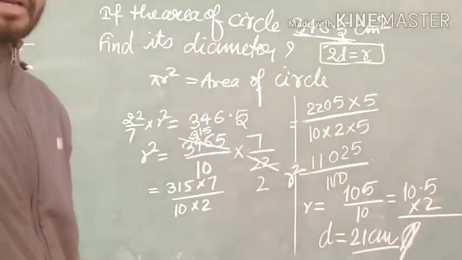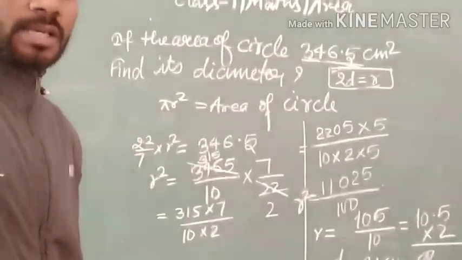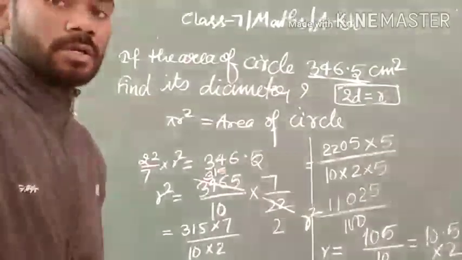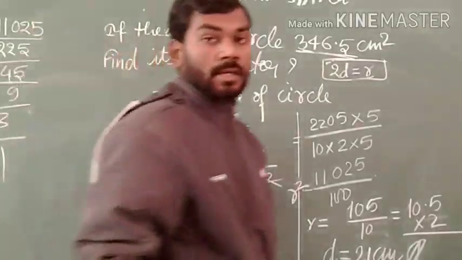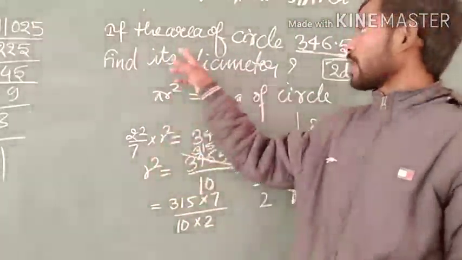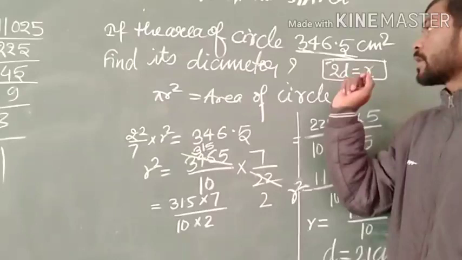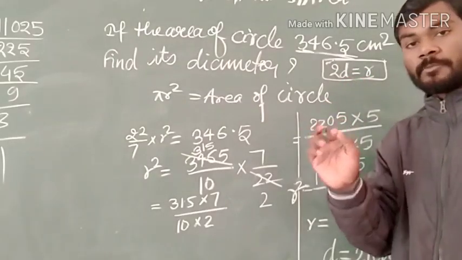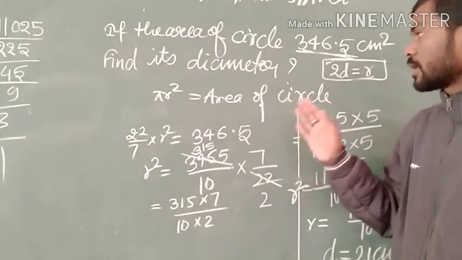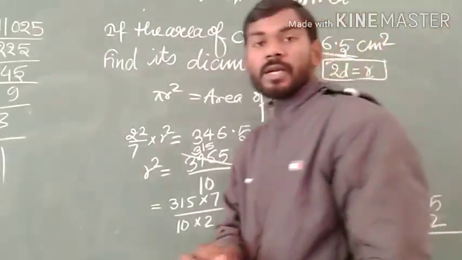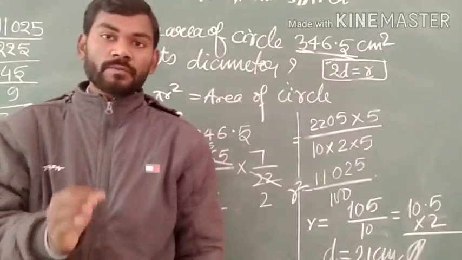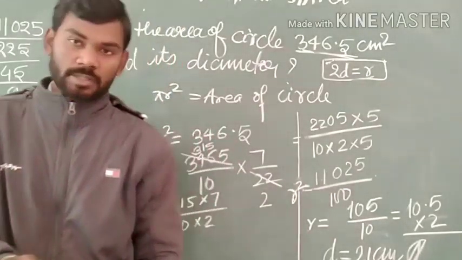Okay students, now let's see this solution once again. I will show you the lowest part. You can see the given question is, if the area of a circle is 346.5 centimeter square, then find the diameter of the circle. In order to find out the diameter of the circle, first we need to find out the radius of the circle.